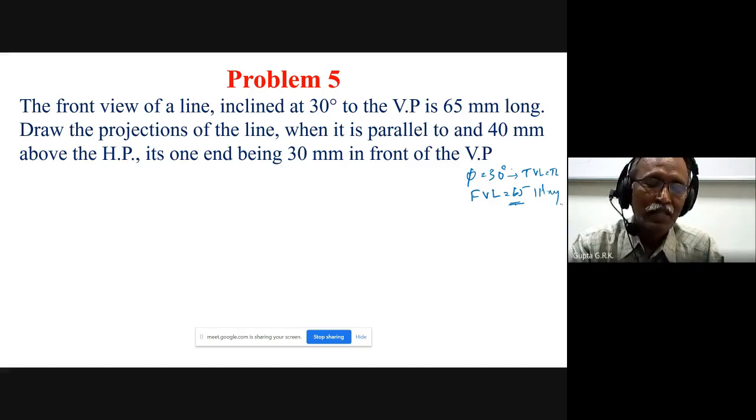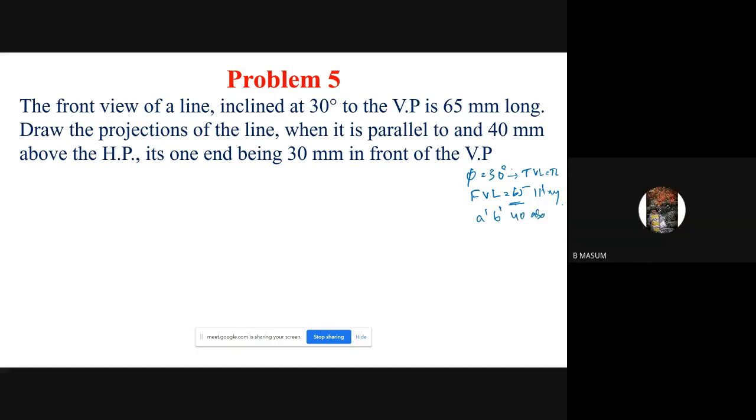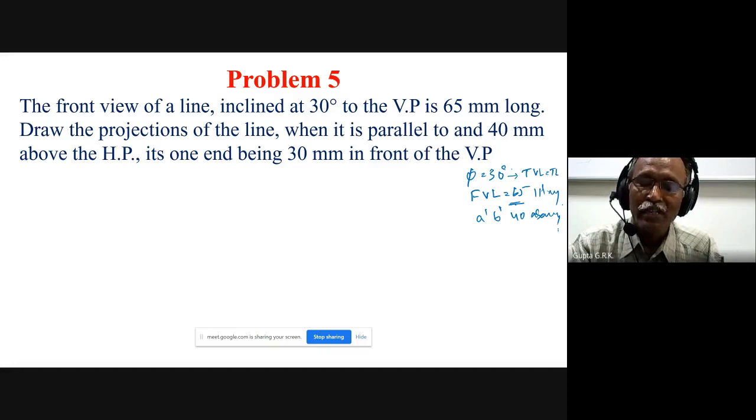Okay. Draw the projections of the line when it is parallel to HP and 40 mm above HP. So what is the distance of the front view? 40 above XY. That is, A dash B dash is 40 above XY. Its one end being 30 mm in front of the VP means small a is 30 in front, which means below.